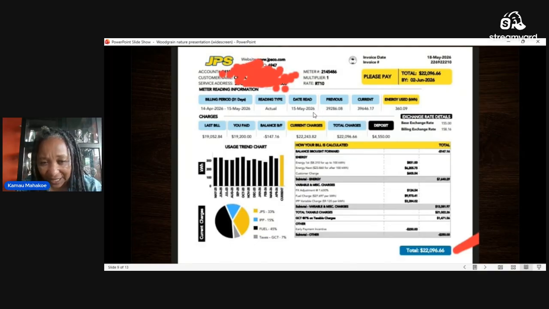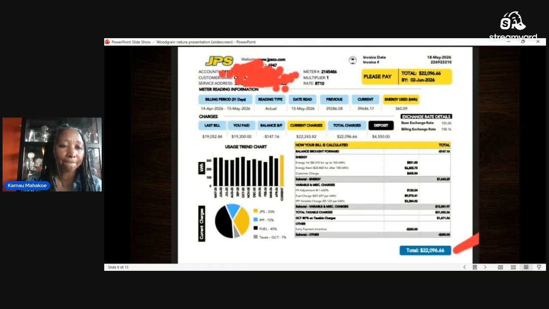Then you have the date that your meter was read, the previous amount that was on, so that's the reading from the last reading, and the current reading, and the energy use. So let me break that down for you.